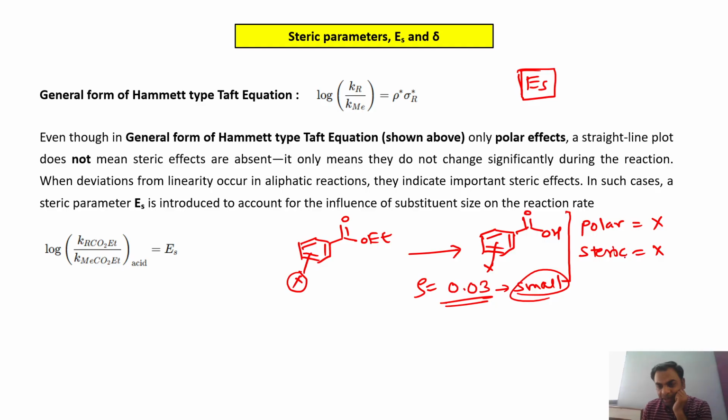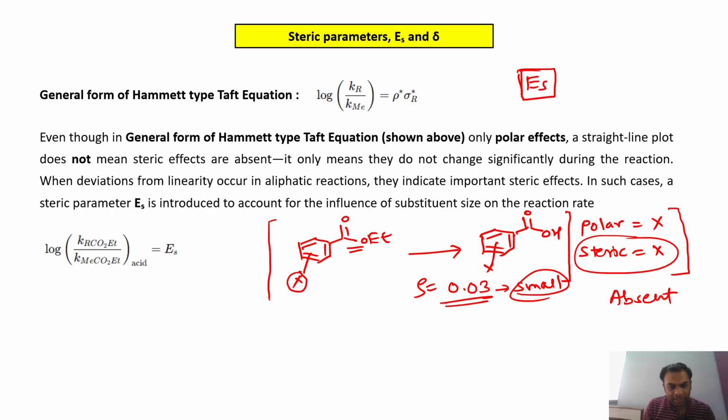At the same time, the steric effect for this reaction is also almost zero, as this X is far apart from the reaction center. Therefore, as both effects are absent, the various aromatic esters undergo acid hydrolysis at almost the same rate.